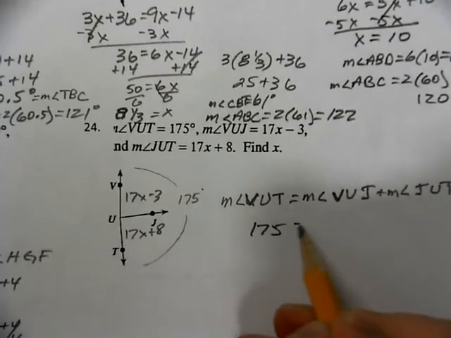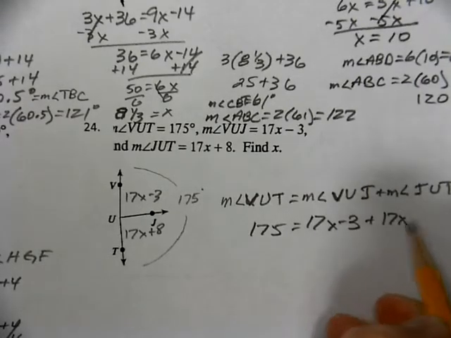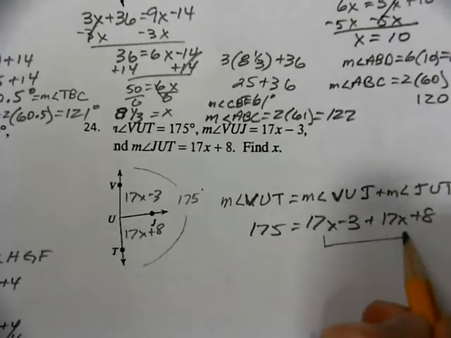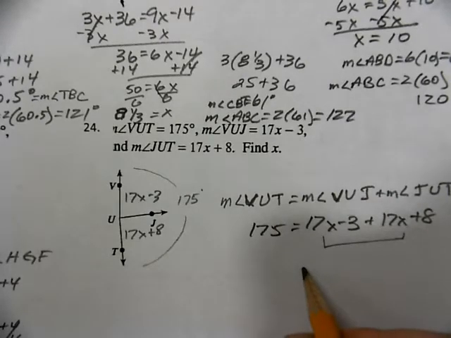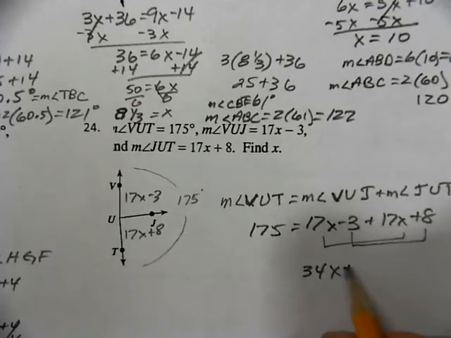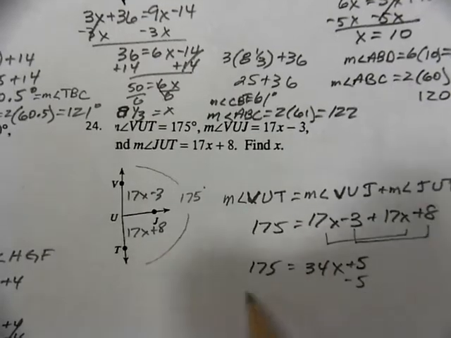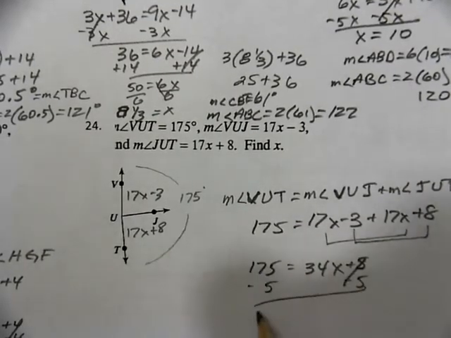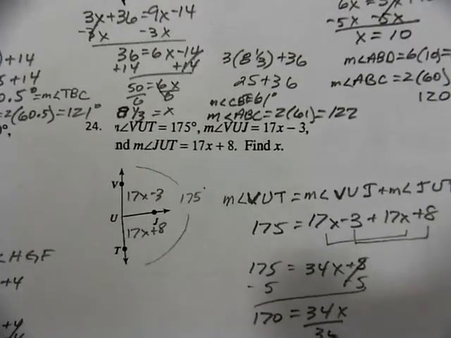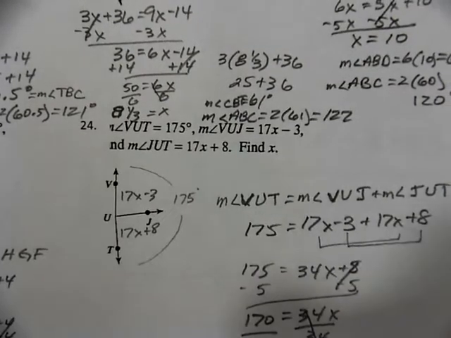So we have 175 equals 17x minus 3 plus 17x plus 8. Well, these two put together equals 34x. These two put together equals 5. Minus the 5, divided by the 34. Which is 5.